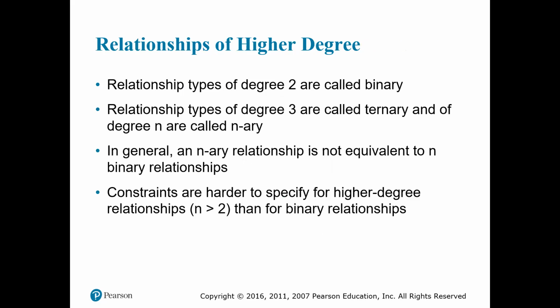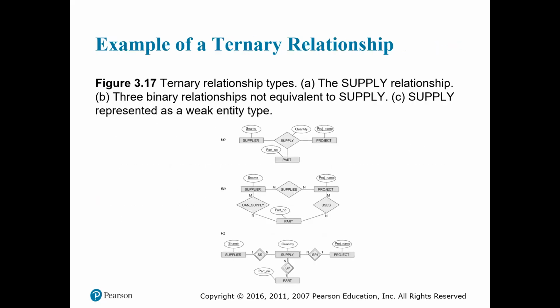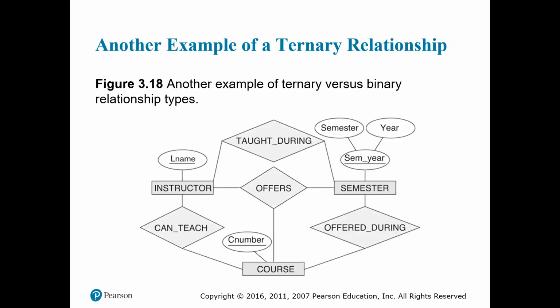So two is binary, three is ternary, and then it gets kind of weird after that. So there's an example of a ternary relationship, and then even higher than that. It's implementable in the database, but it gets fairly complex. And here's another example of a ternary relationship versus binary.